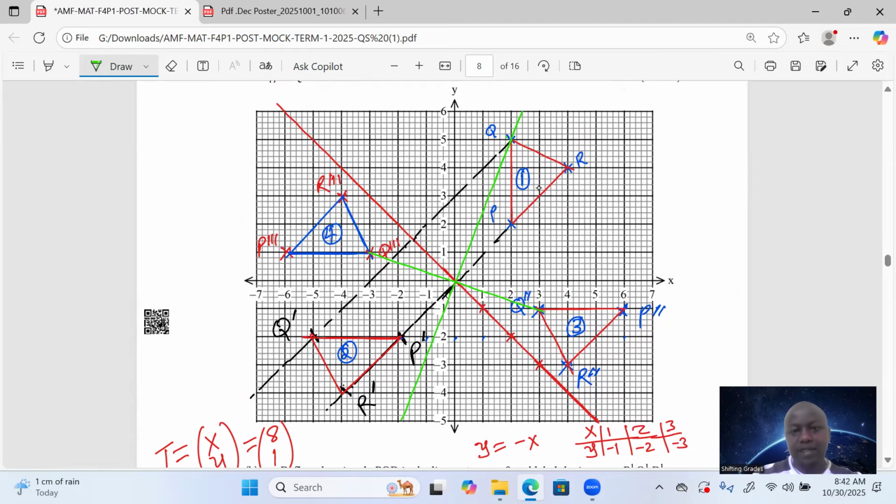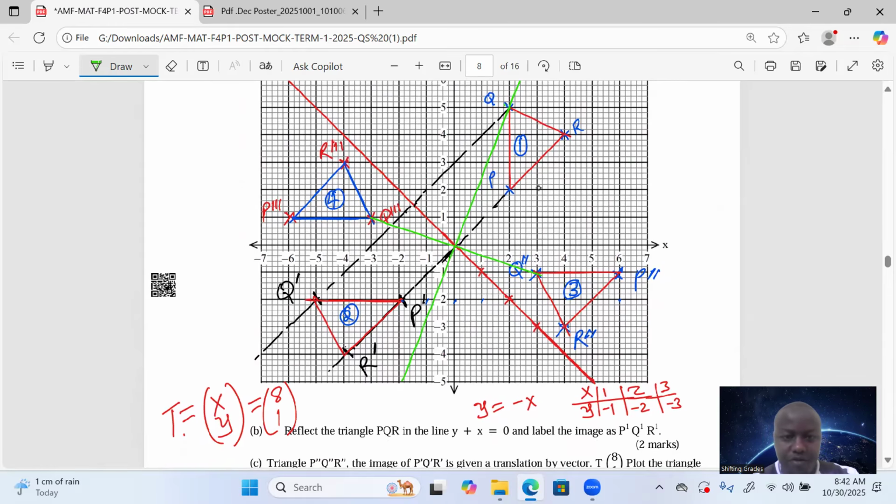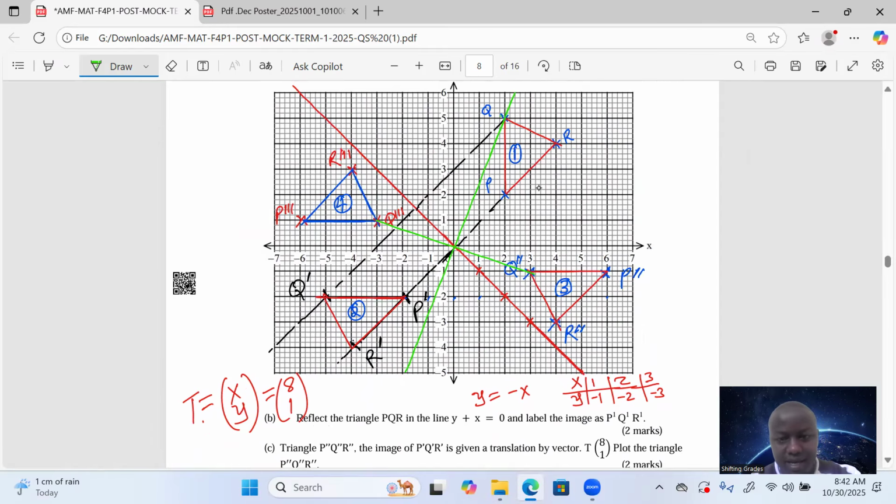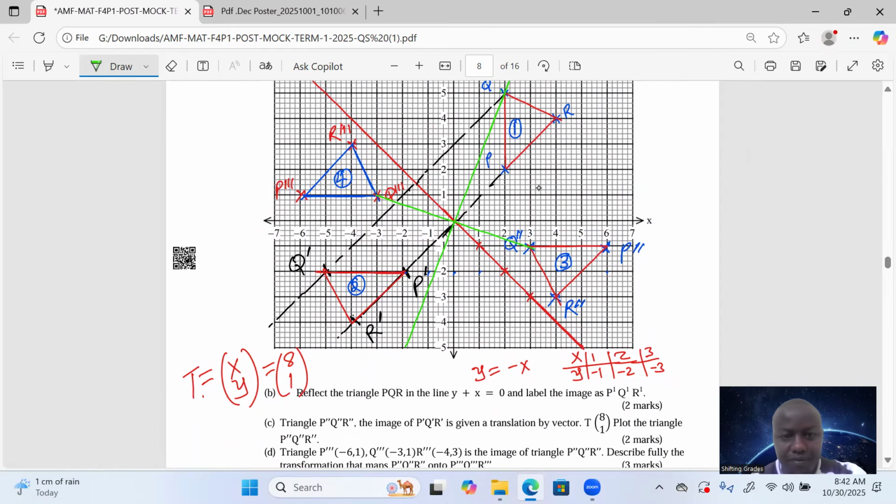Preserve that bisector like that. Do the same for R or for Q, any other. Let's say we do it for Q. So for P, sorry, that was Q already. So for P, I join P to P prime. Then I also bisect P to P prime.